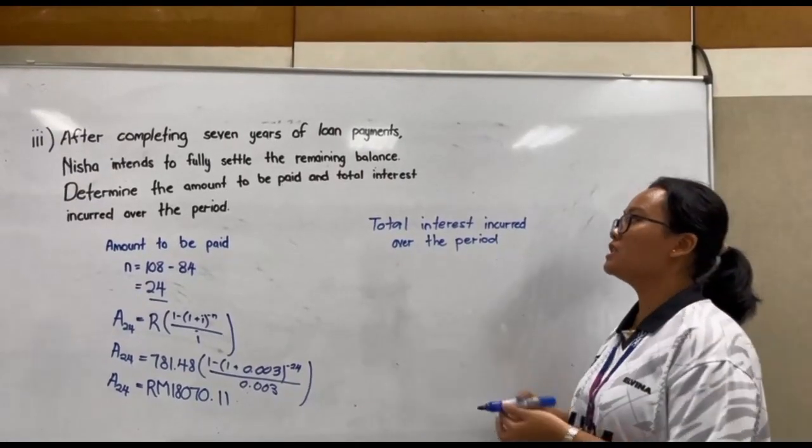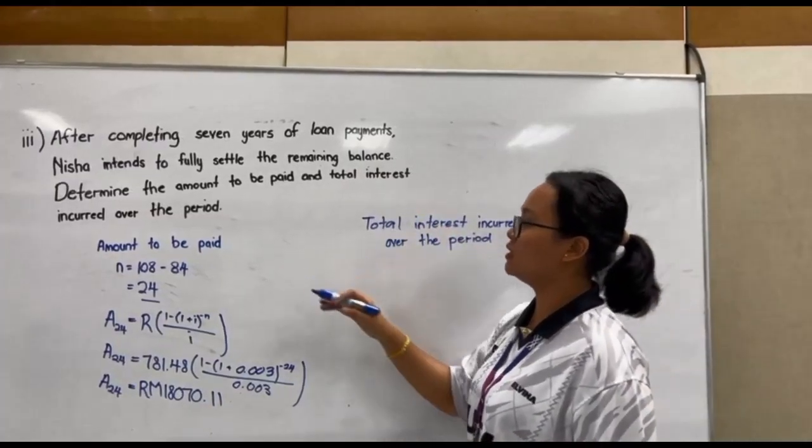RM18,070.11. So next, we have to find the total interest incurred over the period.